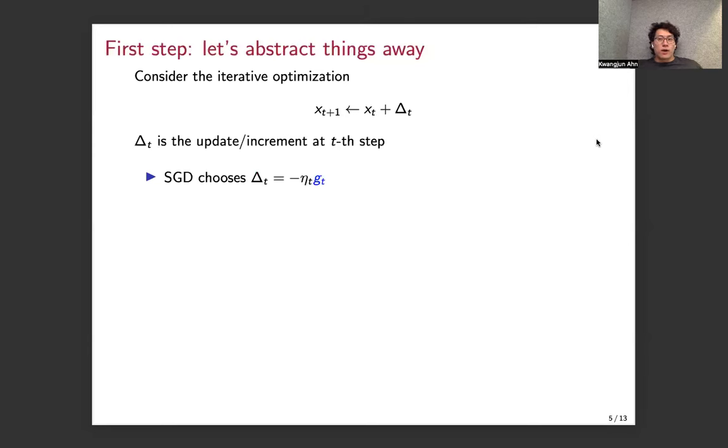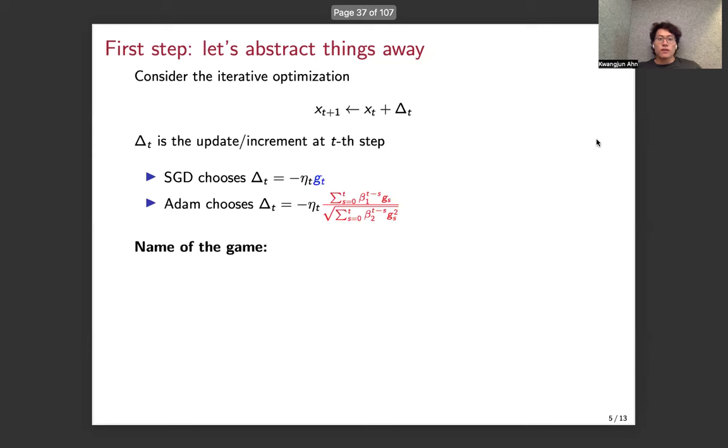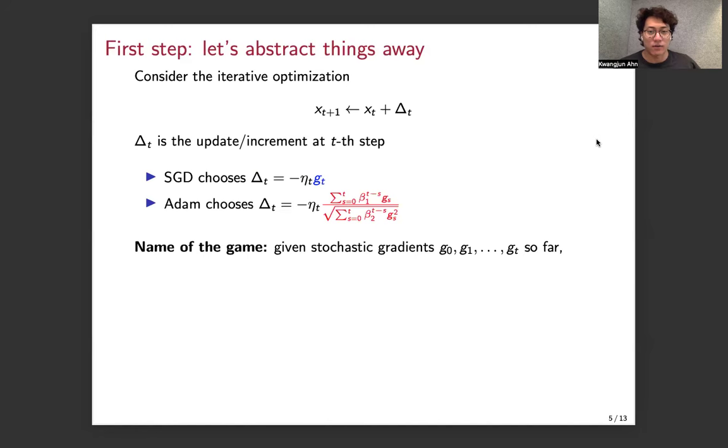With this formalism, SGD can be described as choosing delta t to be the negative direction of g_t with some step size eta t, and Atom is minus eta t times the fraction that I described earlier. What's good is that now you can take a step back and see what's going on here. Basically, the name of the game is, given the observed history of stochastic gradients, g_0 up to g_t so far, what would you choose for the update, delta t?